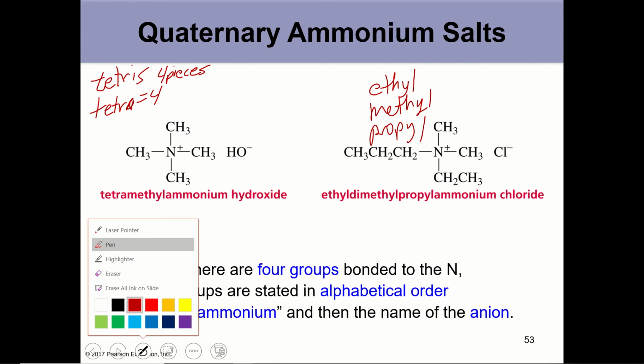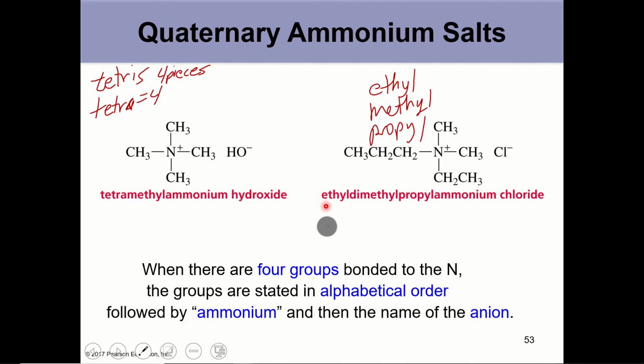And so when we name it, we list the alphabetical first, ethyl, then we had 2 methyl groups, so we have dimethyl, and then propyl, and then ammonium chloride.